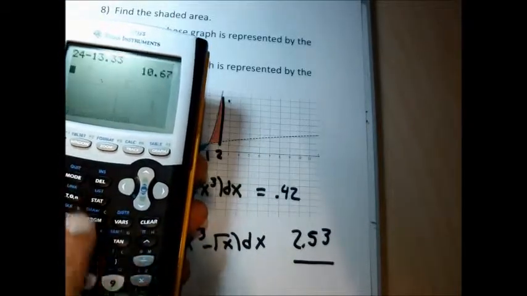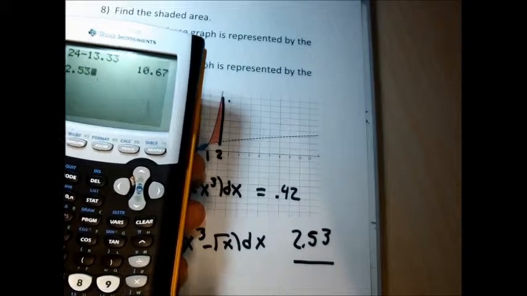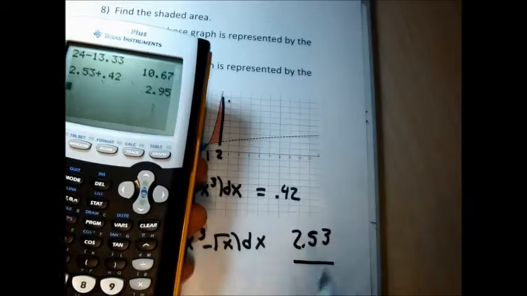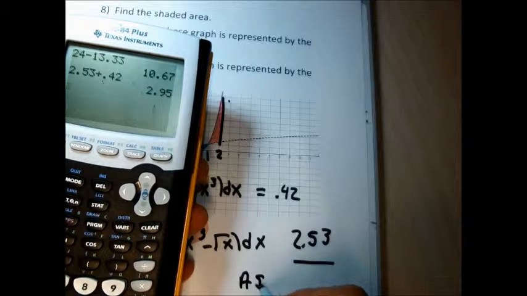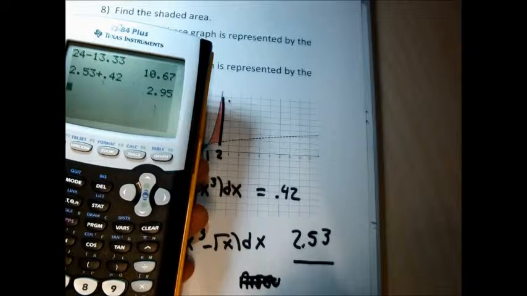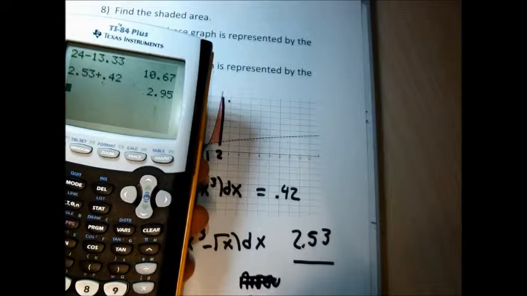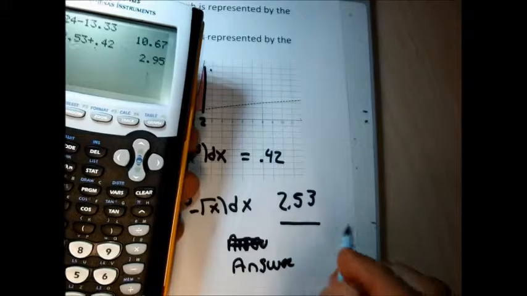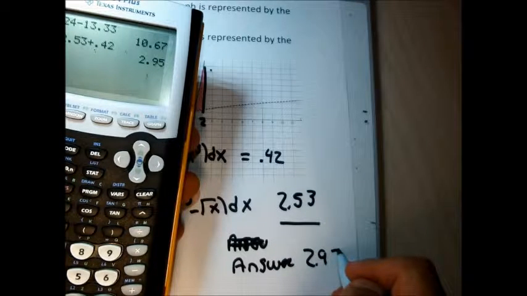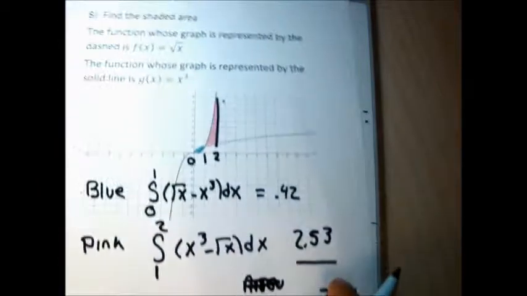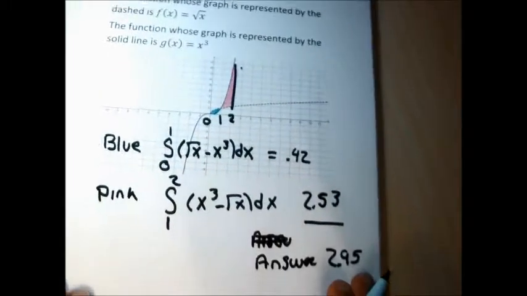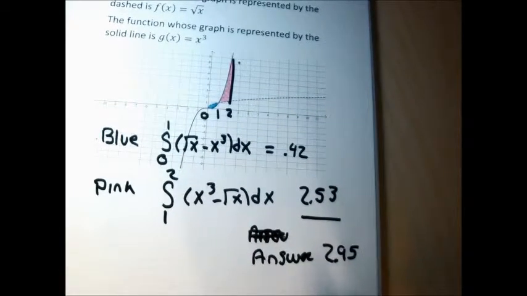So I'm going to go back to my main screen and go 2.53 plus 0.42. And my answer, the shaded area that was initially given to me, is 2.95 units squared.